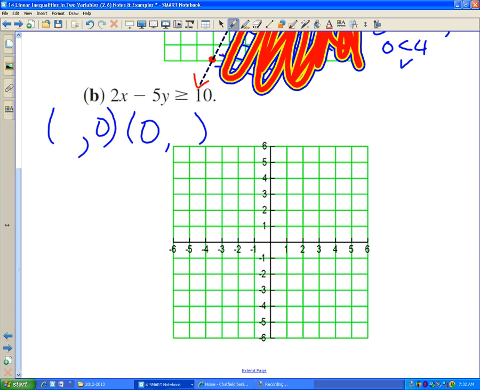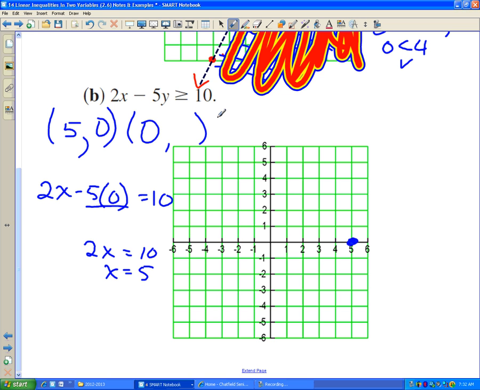So let's solve these. So 2x minus 5 times 0, well, again, you want to start with equals to find the line. When is this equal to 10? Well, 5 times 0 is 0, so 2x is equal to 10, so x is equal to 5. So my first coordinate is 5, 0. So I'm going to put a dot at 5, 0.